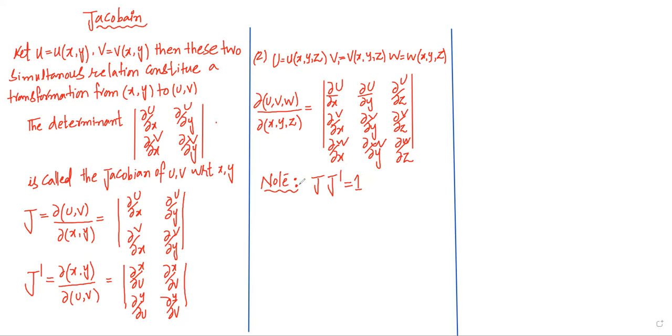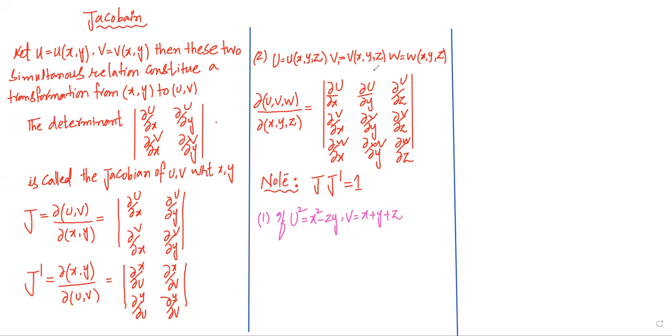Let us see question number 1. We can start immediately from here only. Question number 1 is, if u is equal to x square minus 2y, and v is equal to, suppose we are having, x plus y plus z.